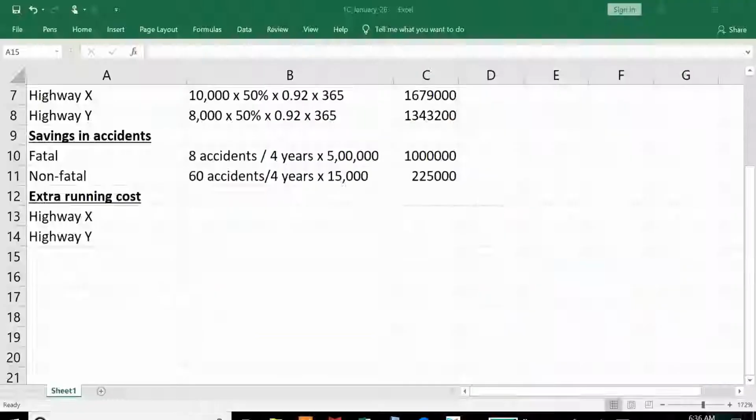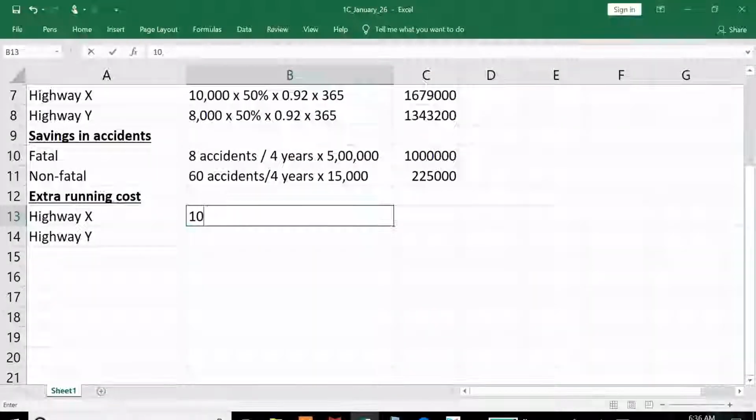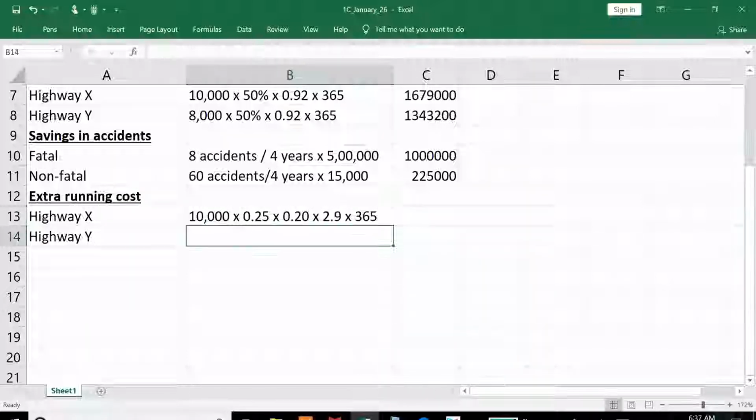So write this, highway X: 10,000 vehicles into 0.25 into 0.20 into 2.9. 2.9 is a blended number, which if you want you can show the calculation somewhere.